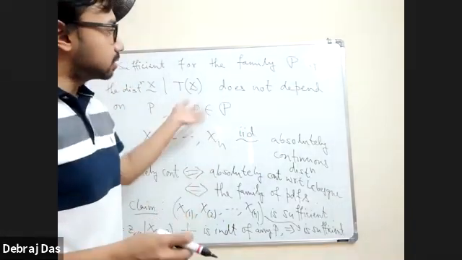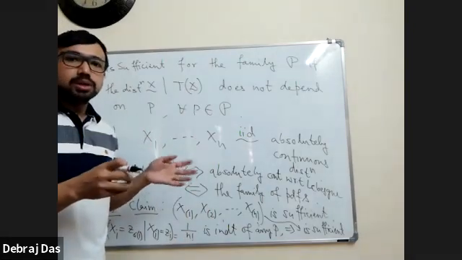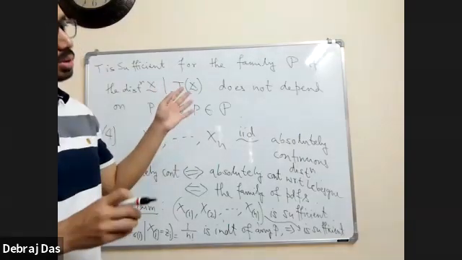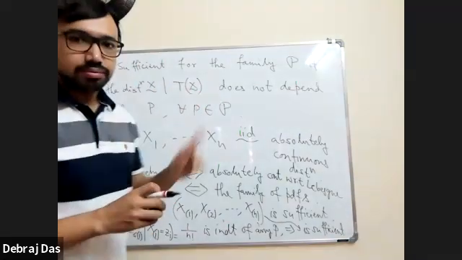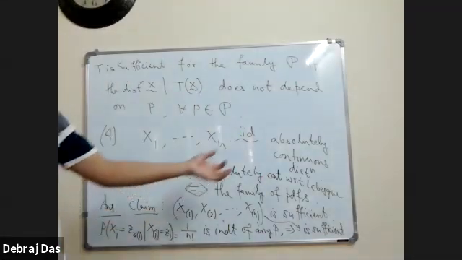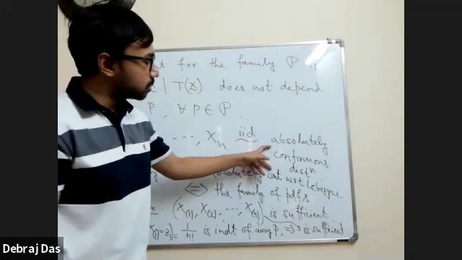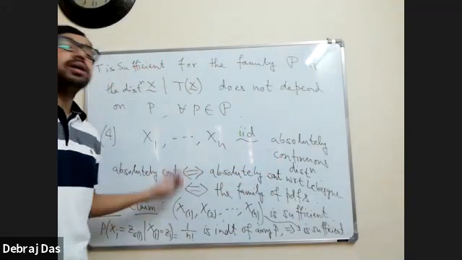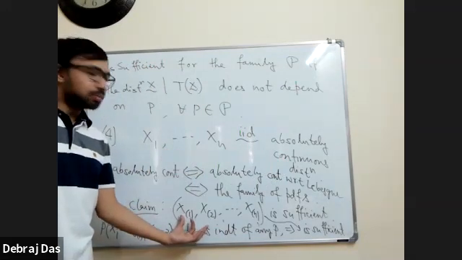For example, in case of Bernoulli or normal, you have more precise information about the underlying distribution, and you have seen that for those distributions, the sufficient statistic has dimension 1. But here, since you are looking into a much bigger class, the class of all absolutely continuous distributions, the dimension of the sufficient statistic cannot be reduced. So here the dimension is n, here also the dimension is n.